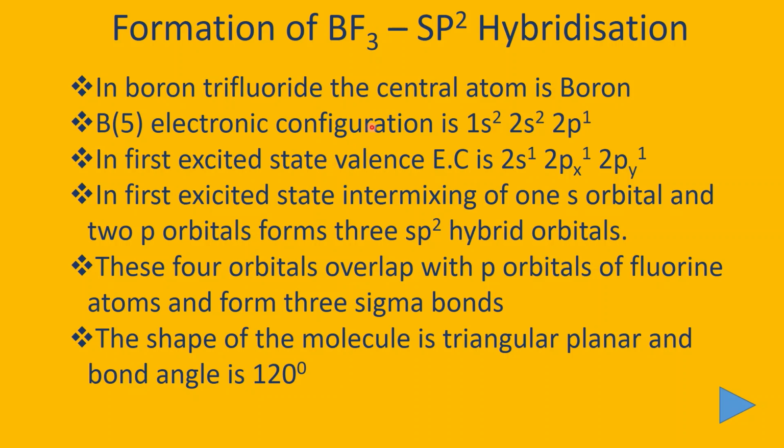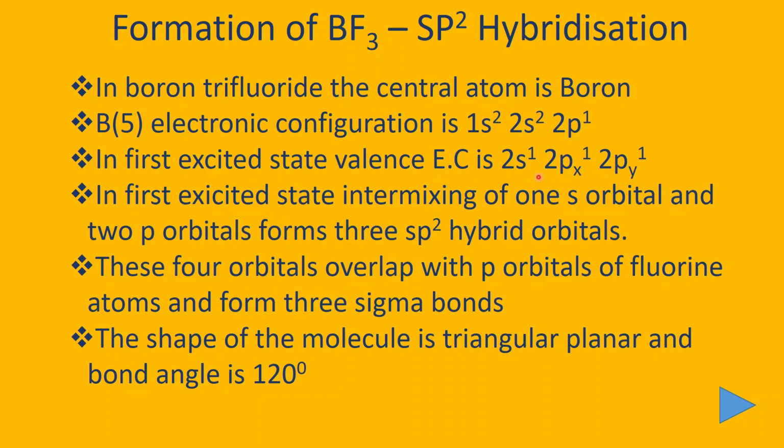In the first excited state, if you give some energy to the boron, one electron from the 2s orbital moves into the 2p orbital. I am writing only the valence electronic configuration. 1s2 is not taken here because in the first excited state, valence EC means valence electronic configuration: 2s1, 2px1, 2py1.